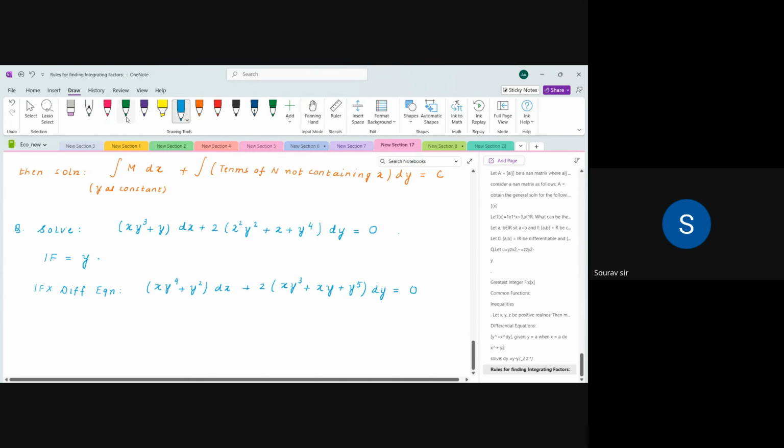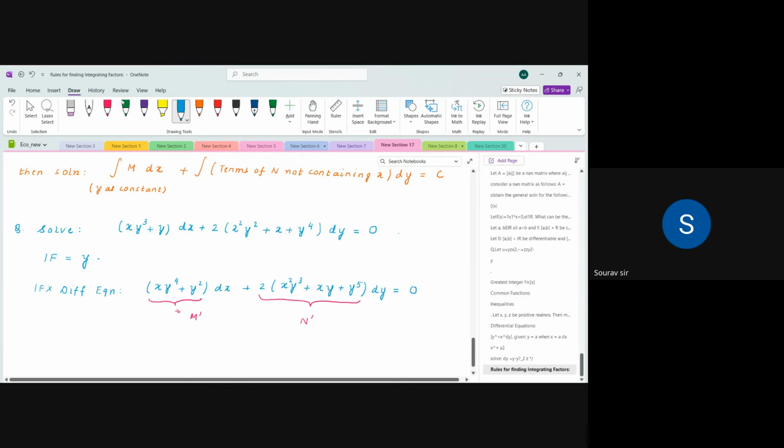So this is your new m, let's say m dash, and this is your n. It's 2 x square y cube, sir. Yes, correct, x square y cube.